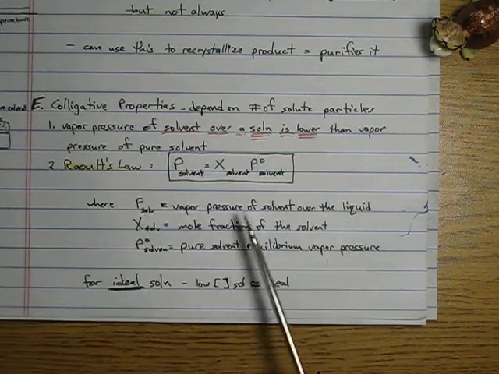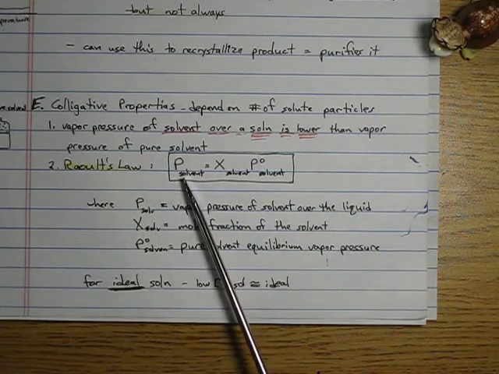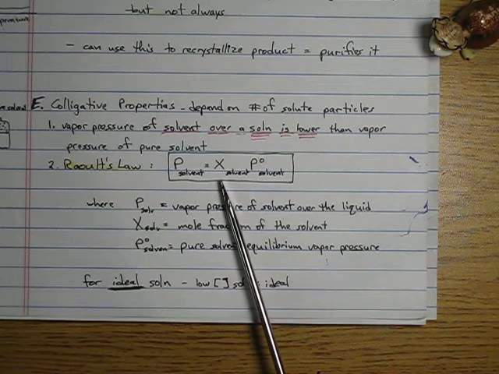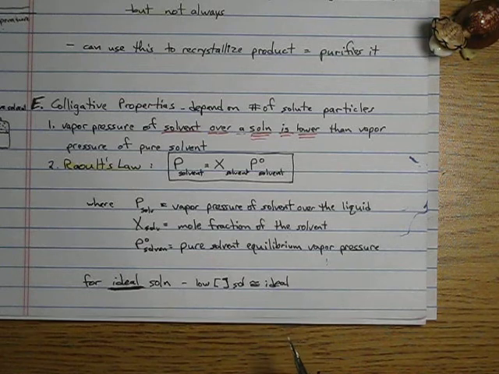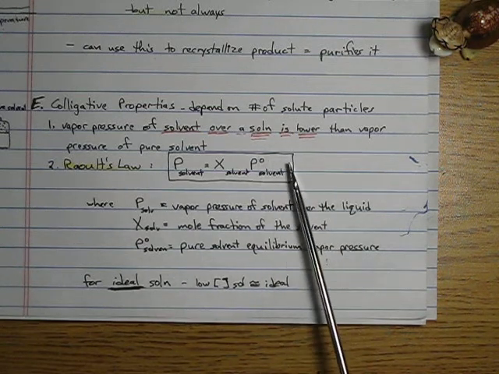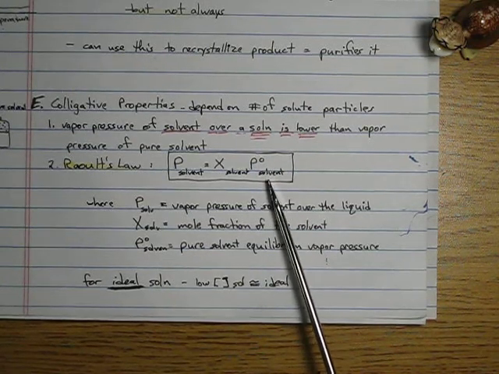And this can be looked at mathematically with Raoult's law. The vapor pressure of the solvent is equal to the mole fraction of that solvent times the vapor pressure of the pure solvent. Let's look at it backwards. If it was pure solvent, this would be its vapor pressure.